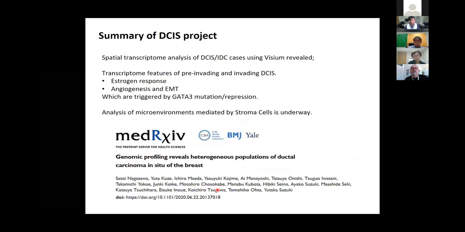To summarize the first part and to report the DCIS project, we have conducted the transcript analysis as a first case of the BISIM application, and the spatial transcriptomic features of pre-invading and invading DCIS show that malfunction of GATA3 seems to be the key of the malignant transformation of the DCIS to IDC, either at the genomic level or transcriptome level.